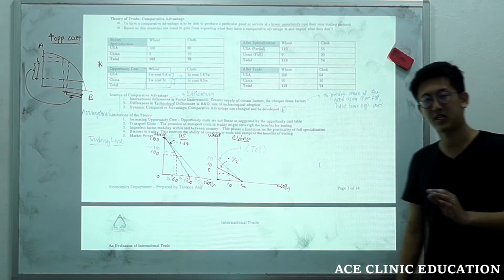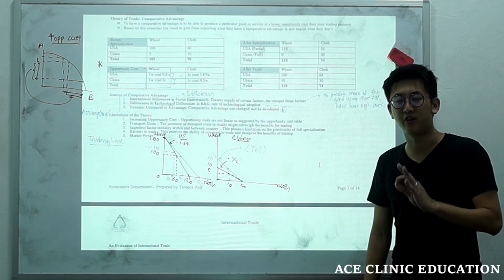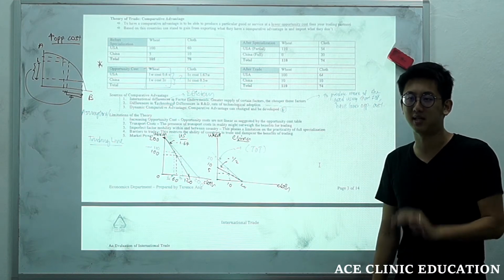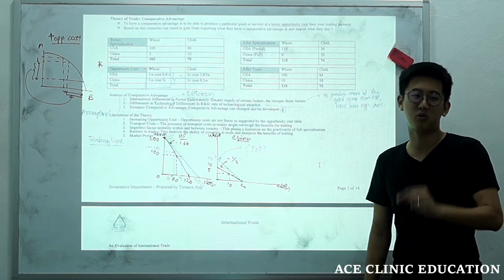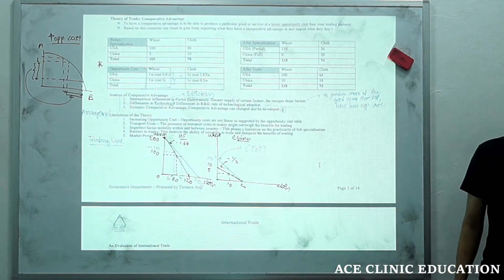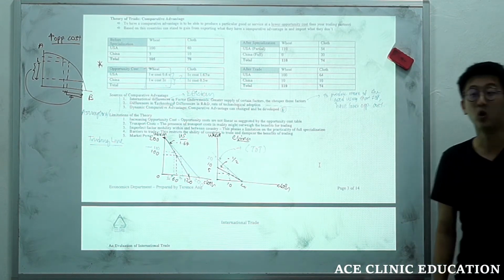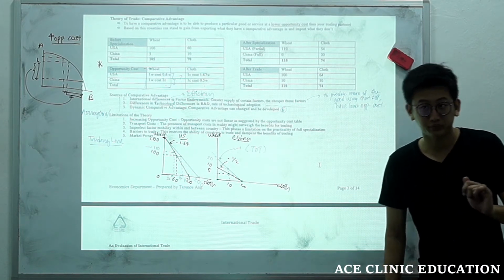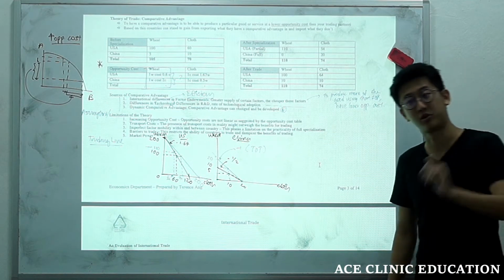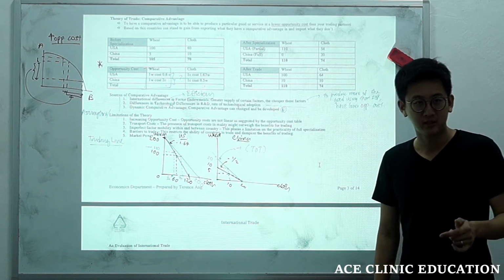But if op cost is rising, what that means first and foremost is that full specialization is impossible. By the time you fully specialize, it's likely your op cost is higher than your trading partner. So you will only specialize up to a certain level. That's all. So it will change how much you produce and how much you actually trade. Right?